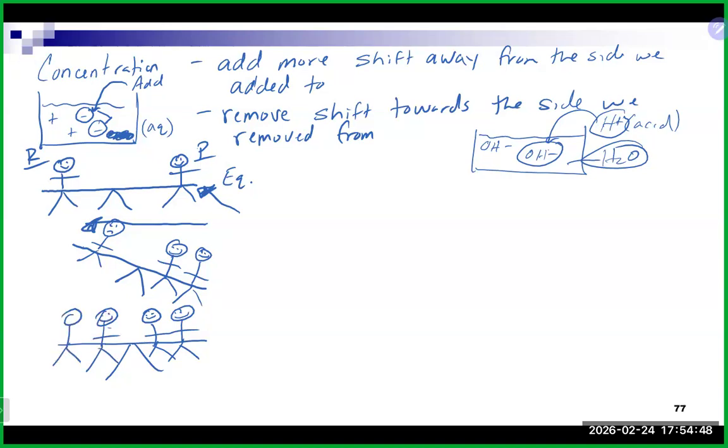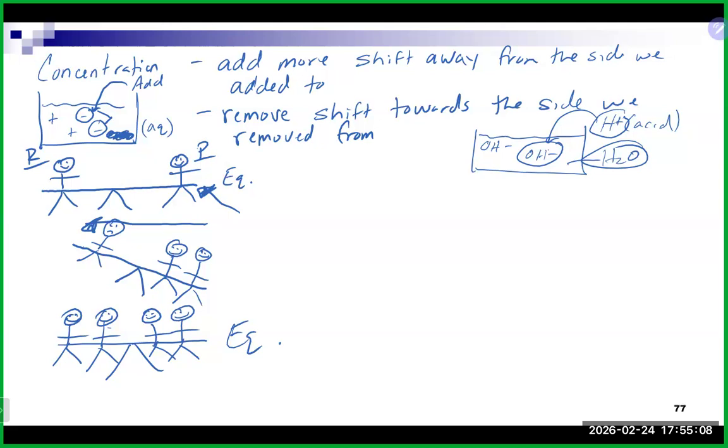My stick figure 101 teacher would be so proud. There we go. And we will return back to an equilibrium position at this point. So again, we added products. It's going to shift away to the reactant side. Opposite would be true if you added more reactants. It would shift away from the reactant side towards the products.